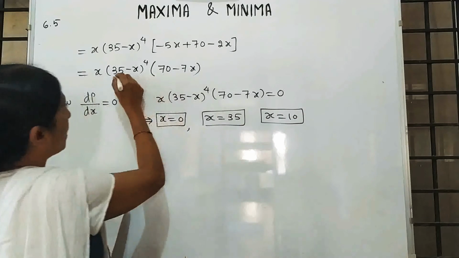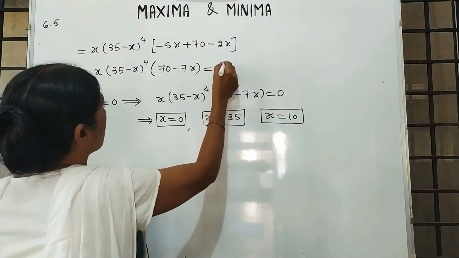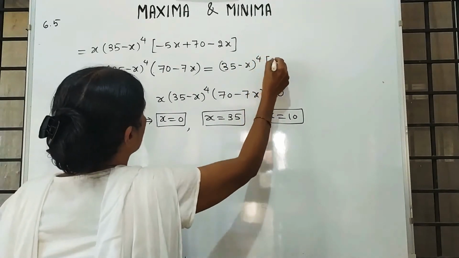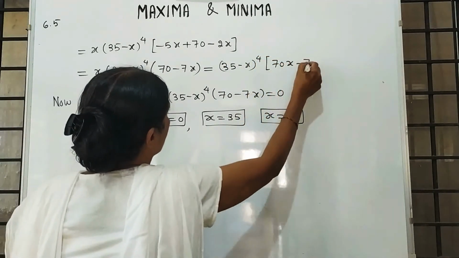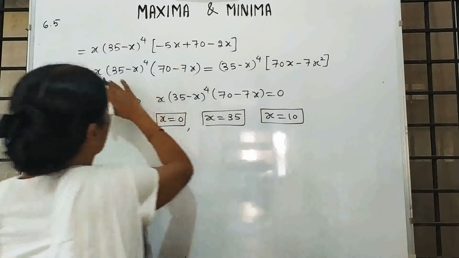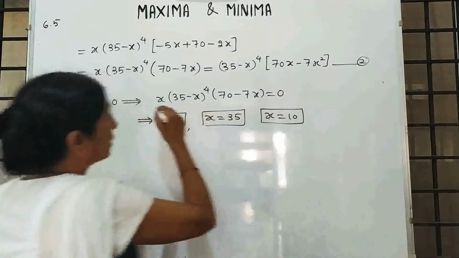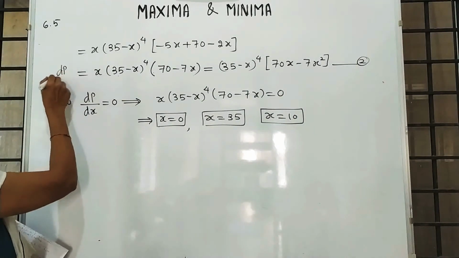For convenience, to make the second derivative simple, I wrote this as 70x minus 7x square, taking x inside the bracket. This is equation 2, which is nothing but dp upon dx.